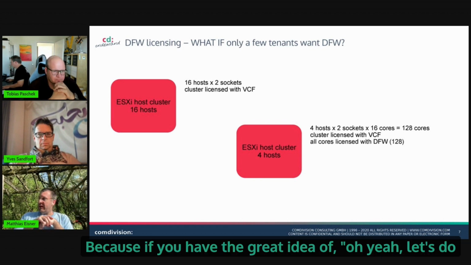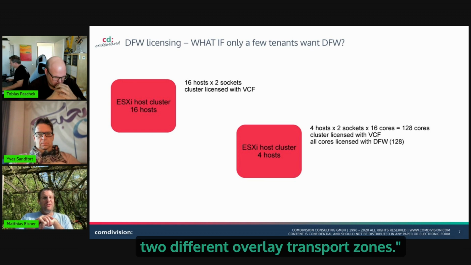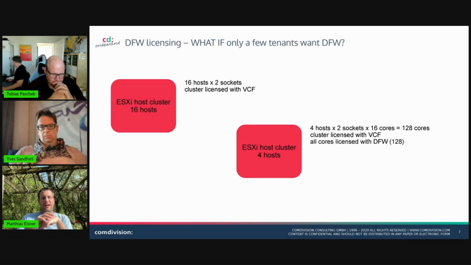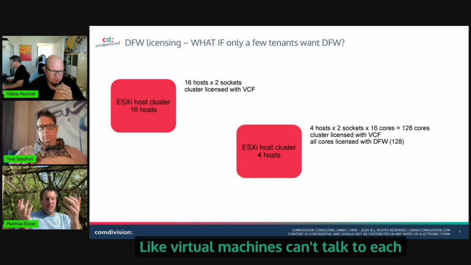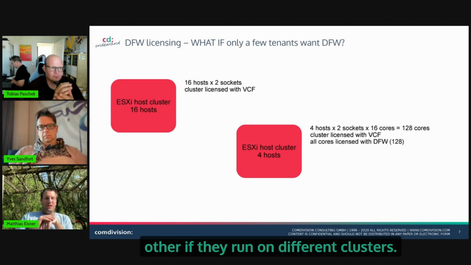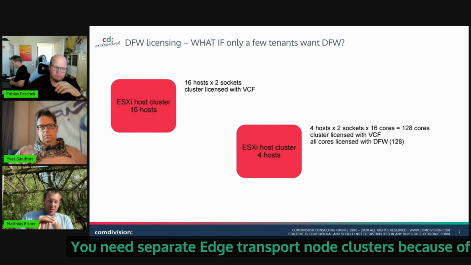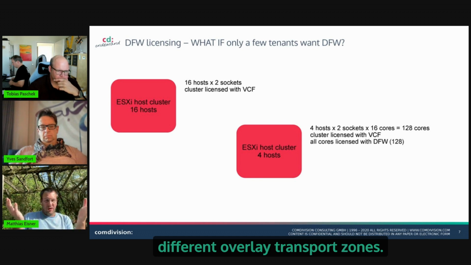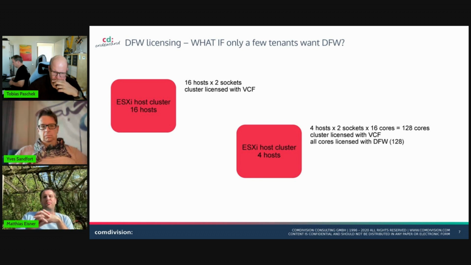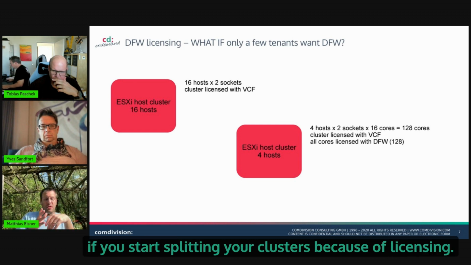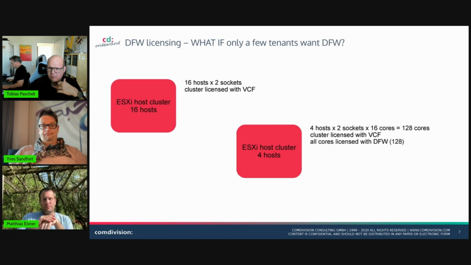Because if you have the great idea of doing two different overlay transport zones, please reconsider all the implications, like virtual machines can't talk to each other if they run on different clusters. You need separate edge transport node clusters because of different overlay transport zones. So there's a lot of design work which needs to be done if you start splitting your clusters because of licensing.